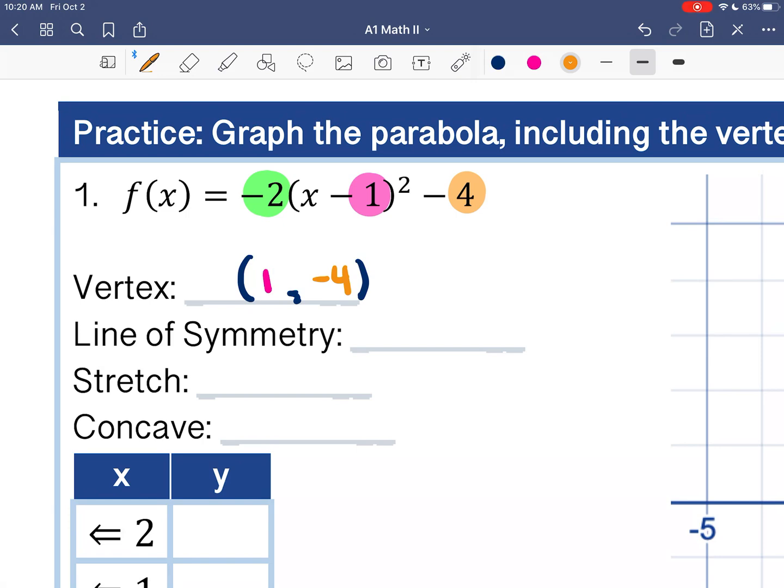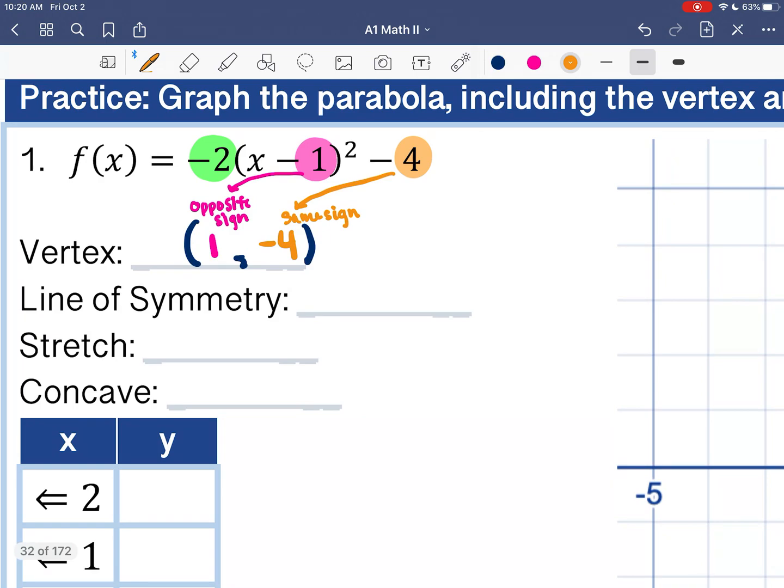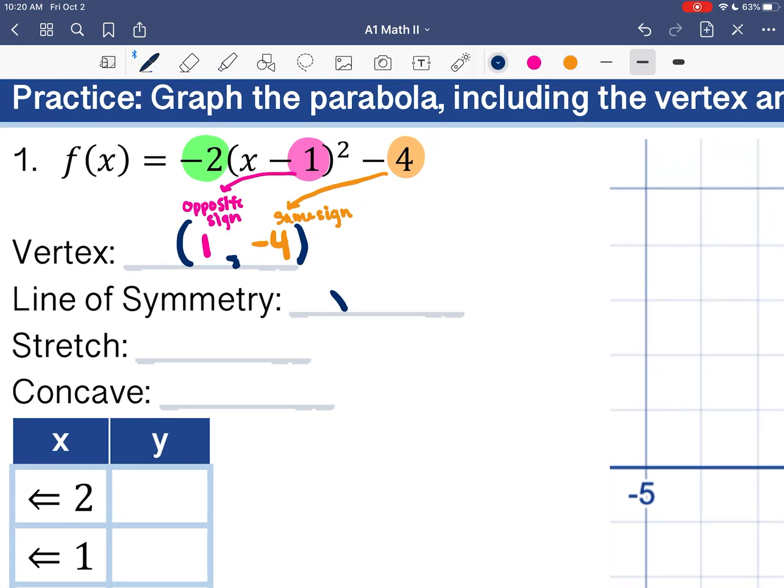-4. That comes from the H and the K. Remember this one is the opposite sign. We talked about that when we took notes last time. This one's the opposite sign. This one's the same sign. So that's our vertex.